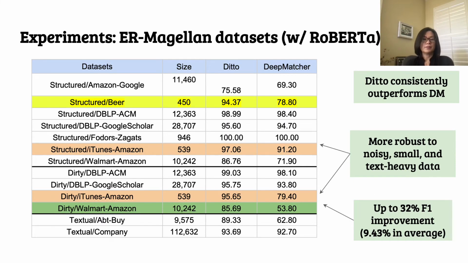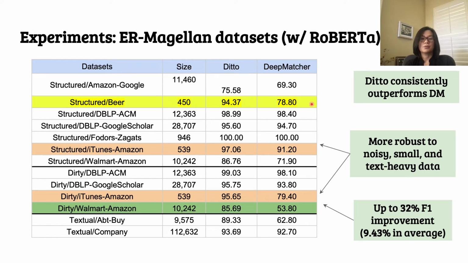So here are the results for the ER-Magellan dataset. The size column shows the number of candidate matching pairs, and Ditto uses the RoBERTa pre-trained language model in this case, and here's the column for DeepMatcher. The first thing to observe is that Ditto consistently outperforms DeepMatcher, especially in cases where the dataset is small, noisy, or text heavy.